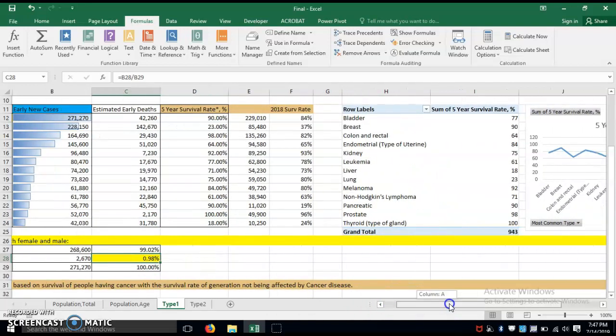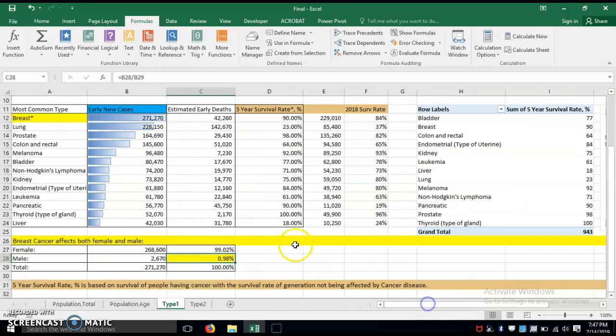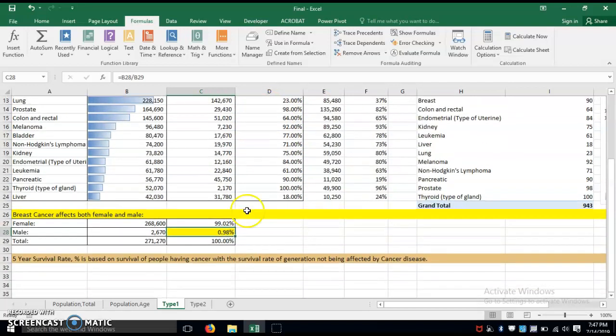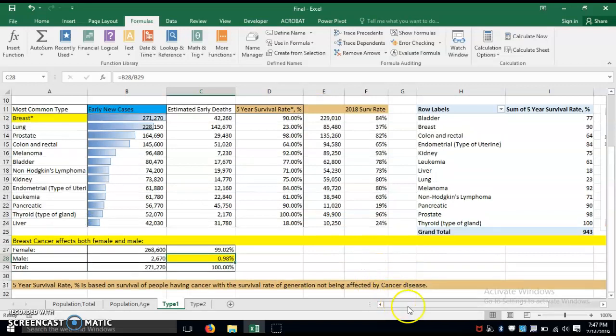And here we have a survival rate also. This is the 5-year survival rate, based on the survival of people having cancer compared to the survival rate of the generation not affected by cancer disease.